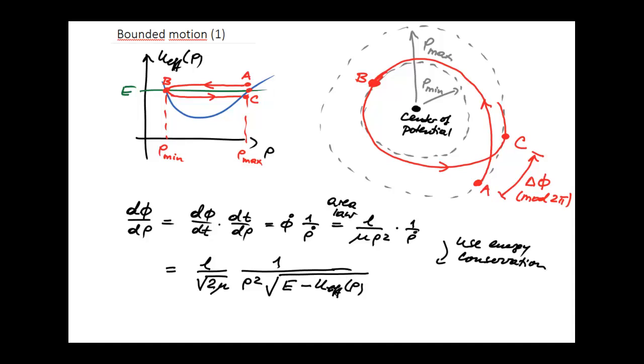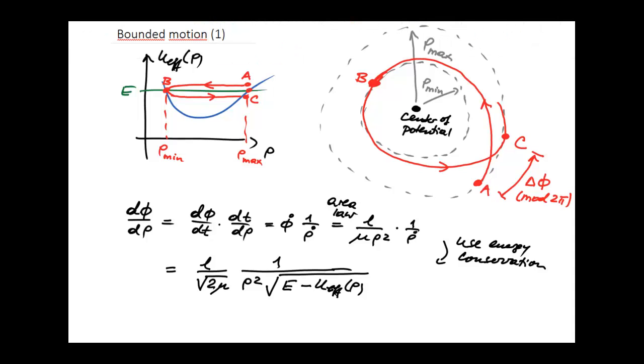At this point we have to pay attention to the sign, because for the square root we can have either the positive or the negative sign. Energy conservation gives us rho dot only up to a sign, plus or minus the square root. So we should think carefully which sign we have to pick.